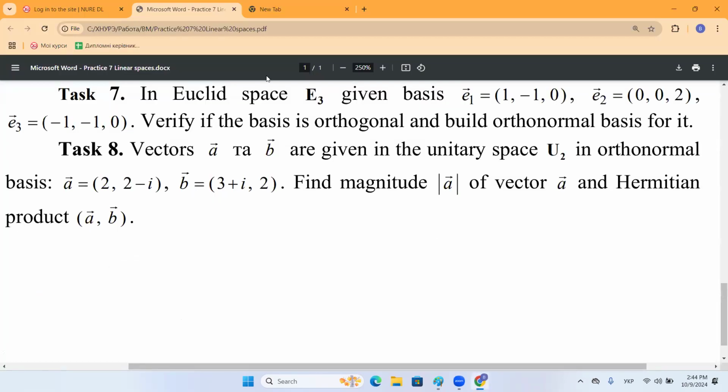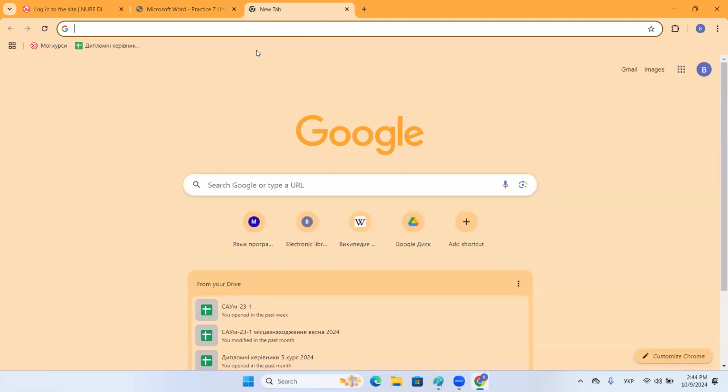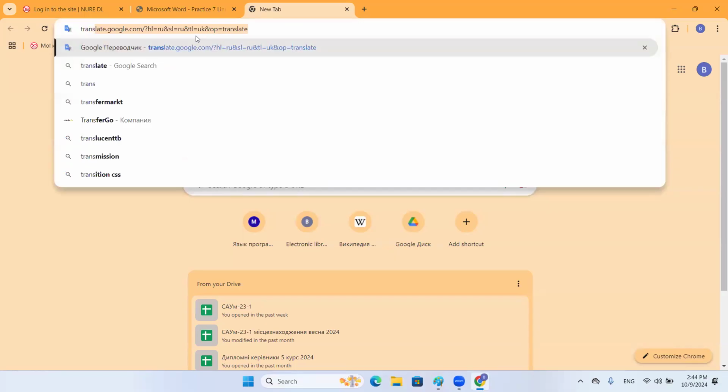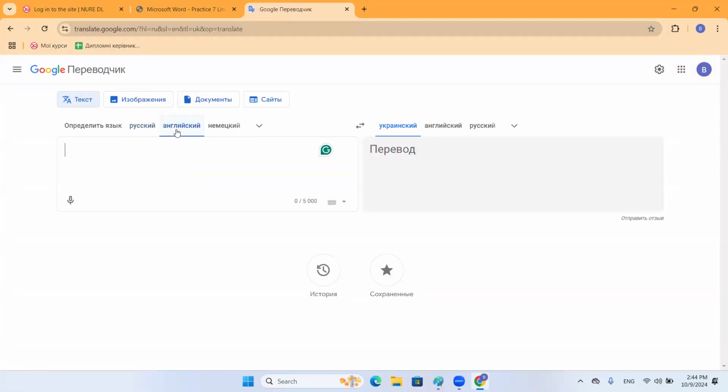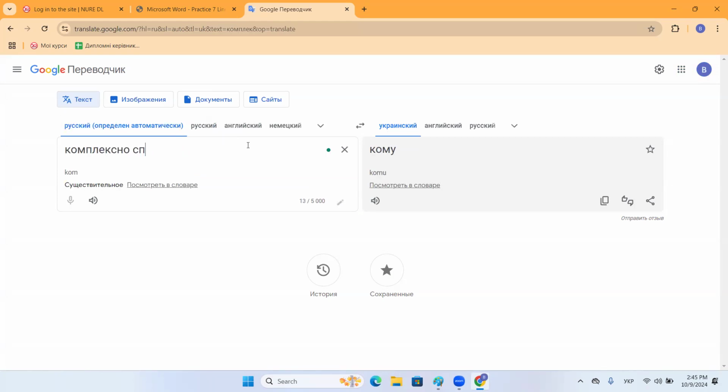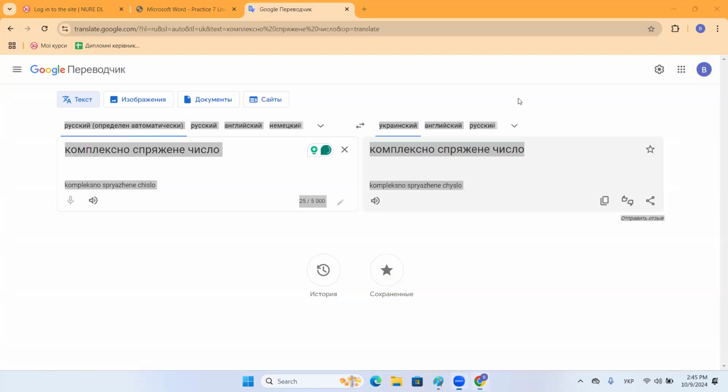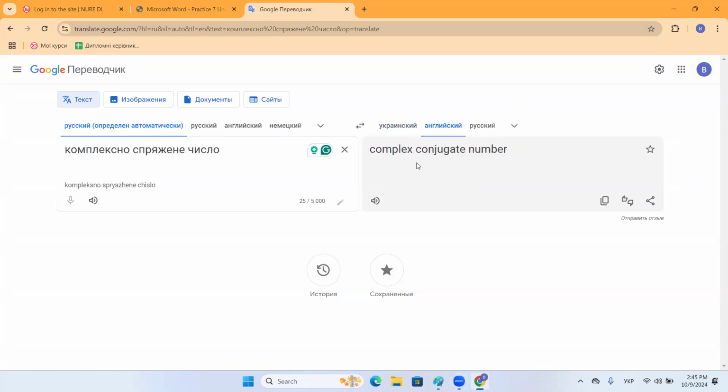So complex conjugate number. Okay, let's translate it, by the way. In English, complex conjugate number. Do you remember what the complex conjugate number means?